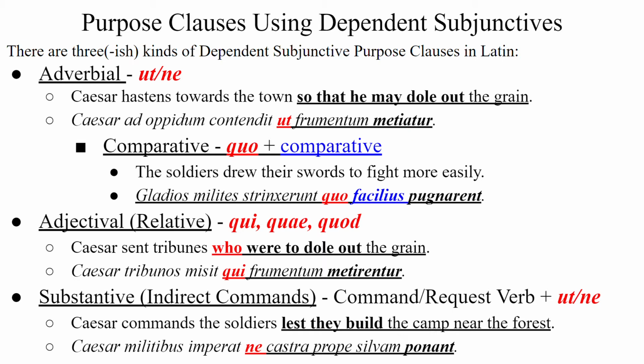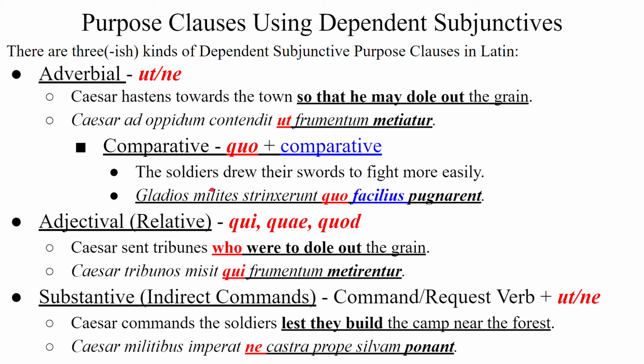All right, so an offshoot of the adverbial purpose clauses are the comparative purpose clauses, where if there's a comparative inside the clause, then instead of being introduced by ut, it's introduced by quo. That's basically it. Otherwise, it's the exact same thing. Gladios milites strinxerunt, quo facilius pugnarent.